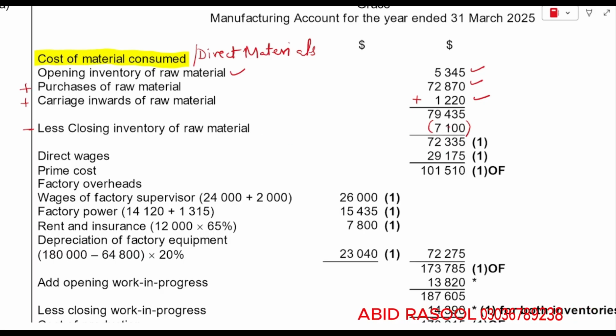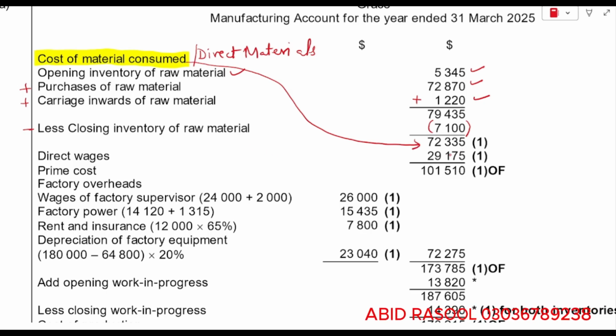Okay, students, you can see that now from this value of 79,435, how this came by adding all these three. Then we will subtract 7100. Closing inventory is subtracted, you know, as we have learned in making a simple income statement. Okay, then we got 72,335. This is the cost of raw material consumed. This figure is actually the cost of raw material consumed.